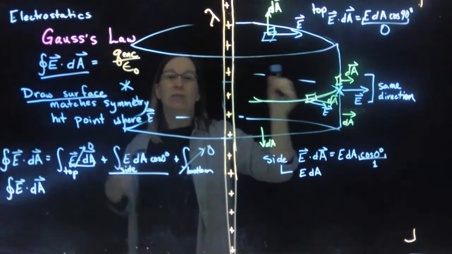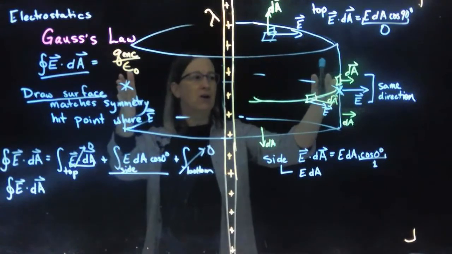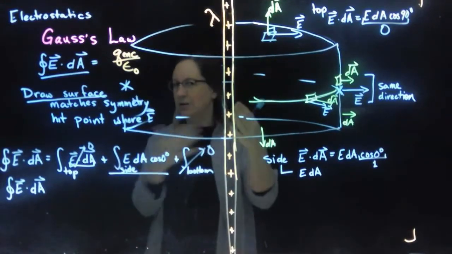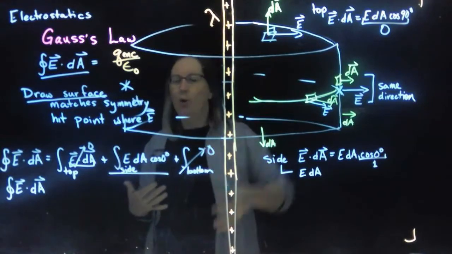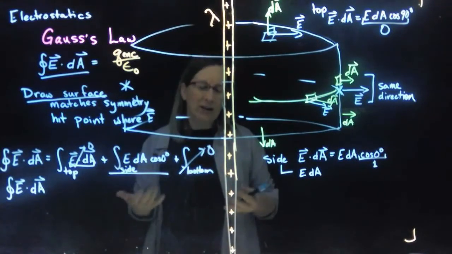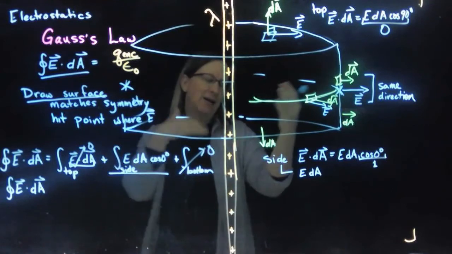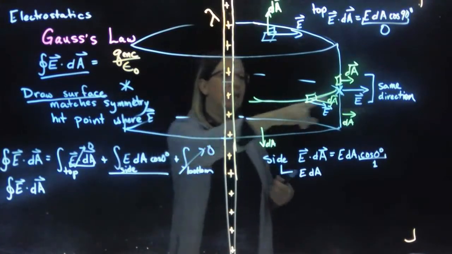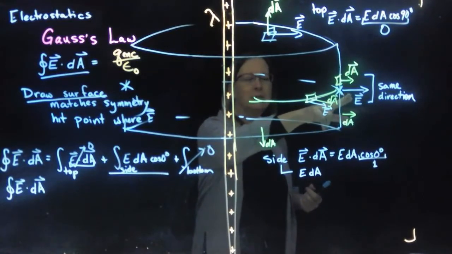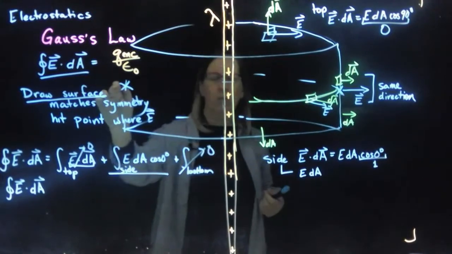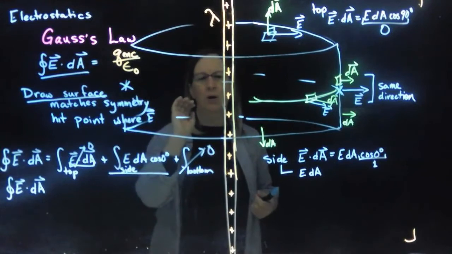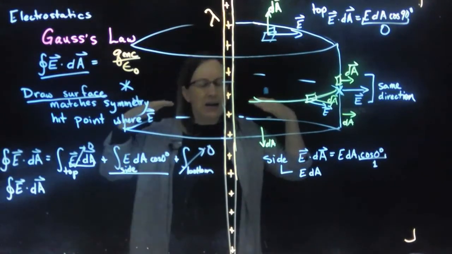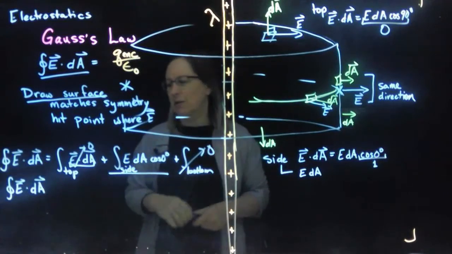The value is the same, because everything on this surface is the same distance away from that. If you're the same distance away from the same charge, you're going to have the same electric field, right? If you're closer in, it's stronger, but if this point is 1 meter away, it doesn't matter if you're 1 meter away on this side or on that side, you still experience the same field.